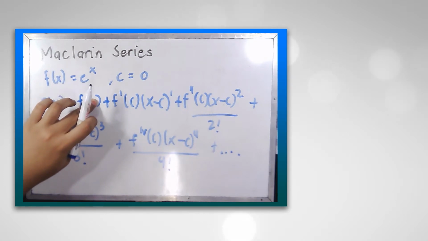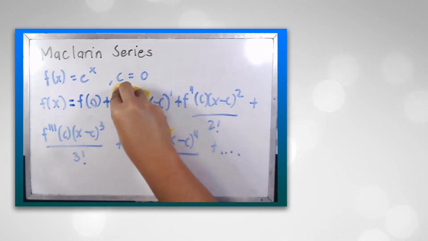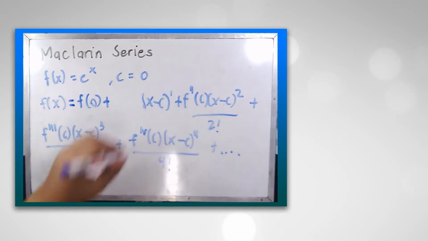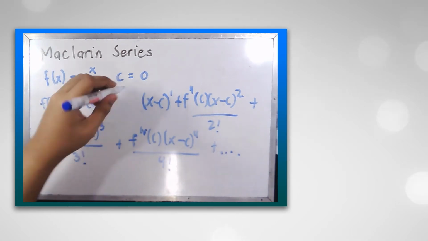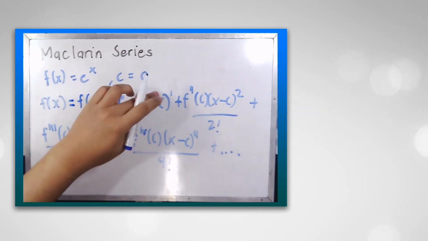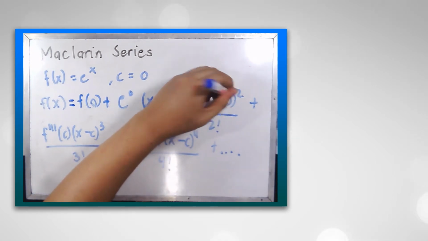So f of 0 plus the next terms. Let's change this one. Sorry, so this will be e raised to 0. Then x minus c, we are centered at 0, so basically we're going to change every c to 0.